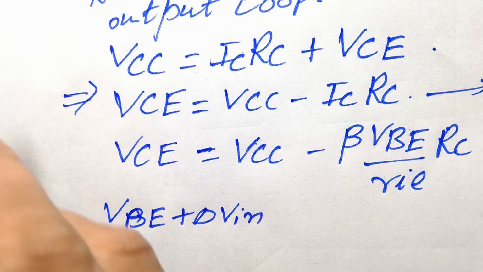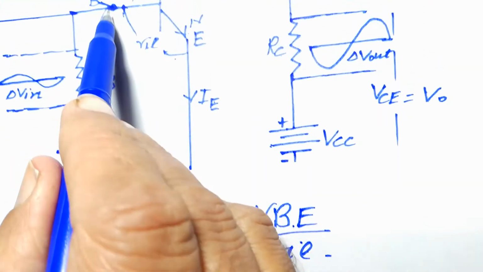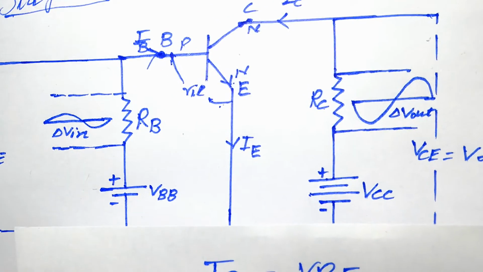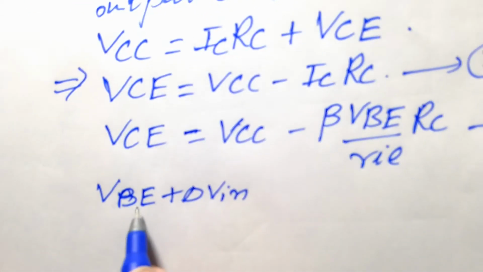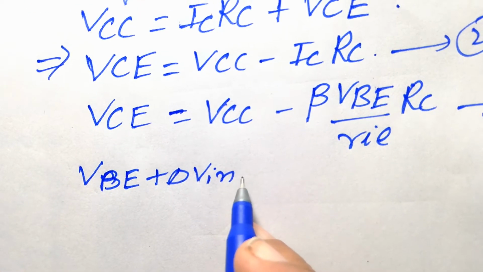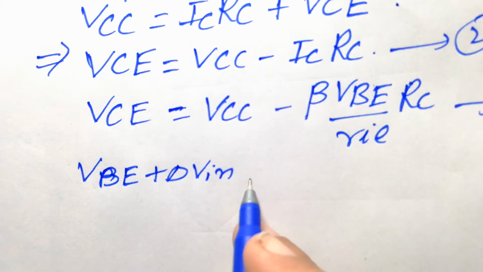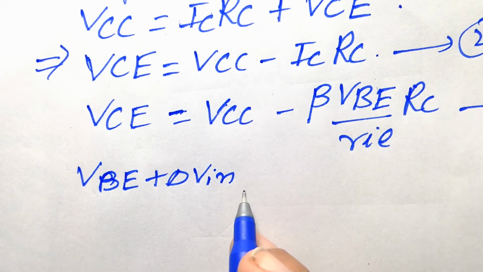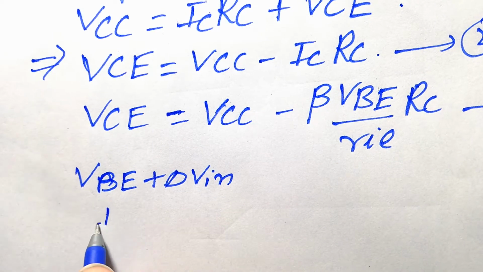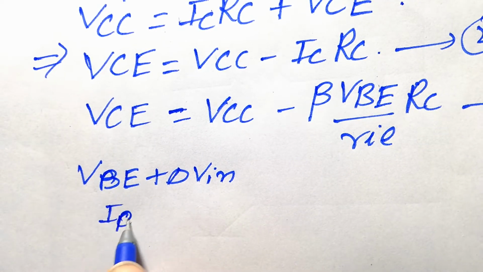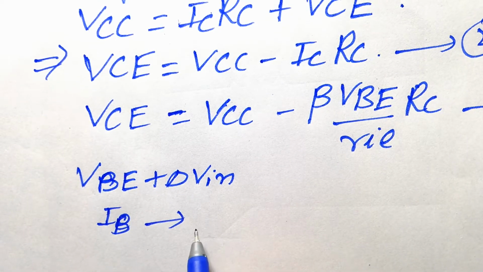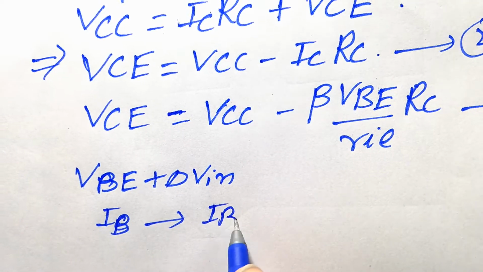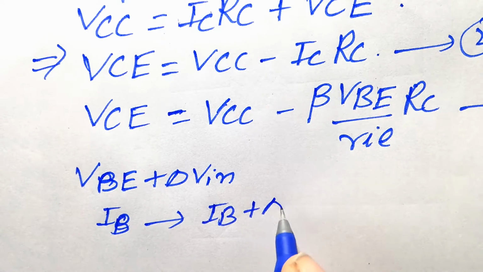Students, if you apply the small signal delta VIN to the base terminal, then the following changes take place. VB changes to VB plus delta VIN, and this causes a little change in base current. The base current will definitely change, and it will be equal to IB plus delta IB.